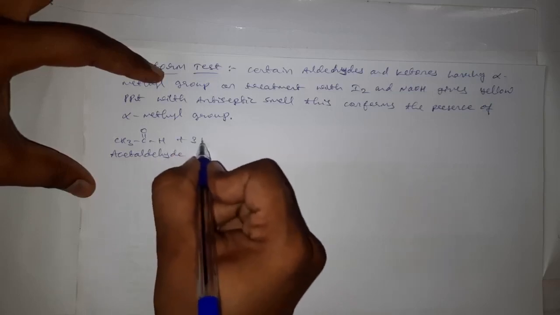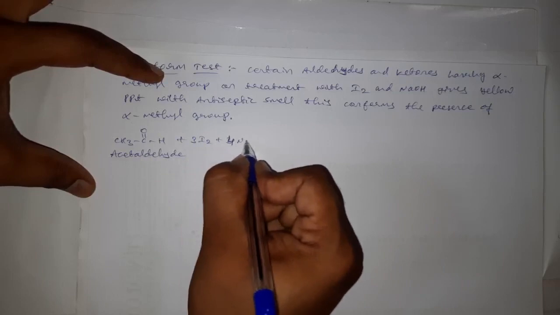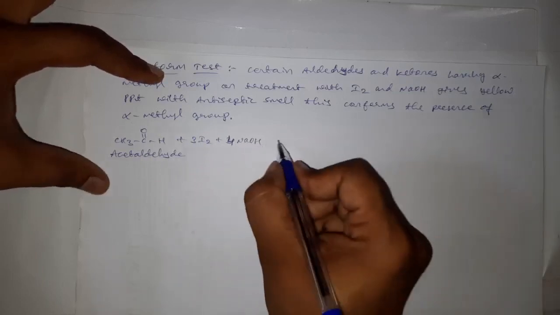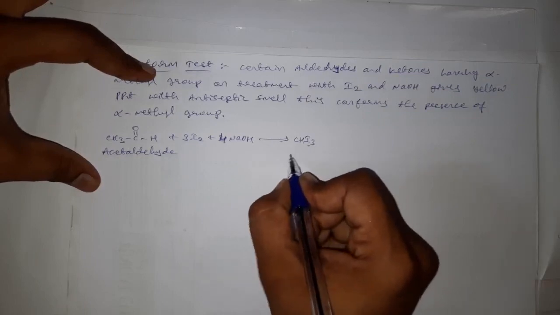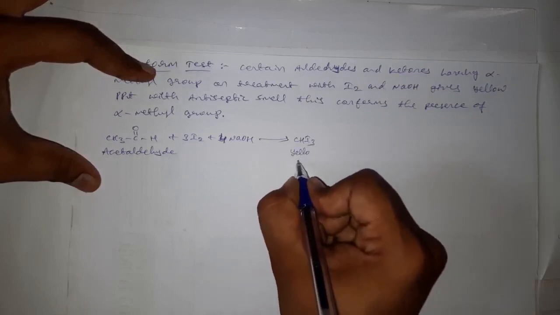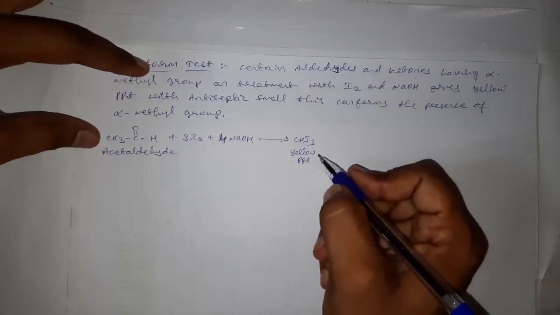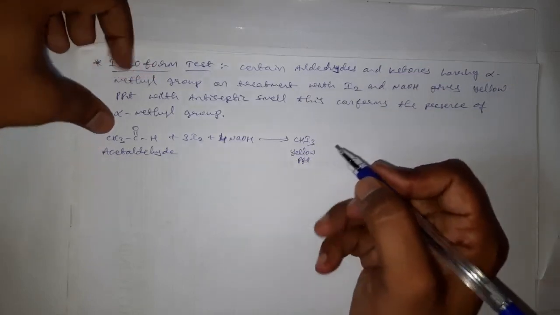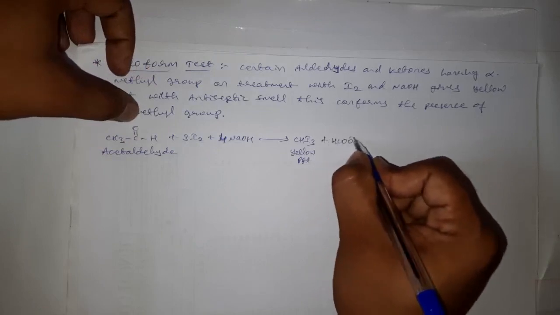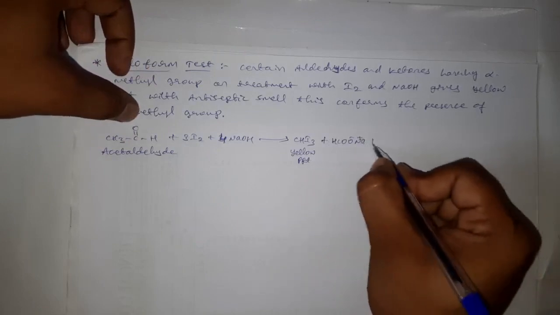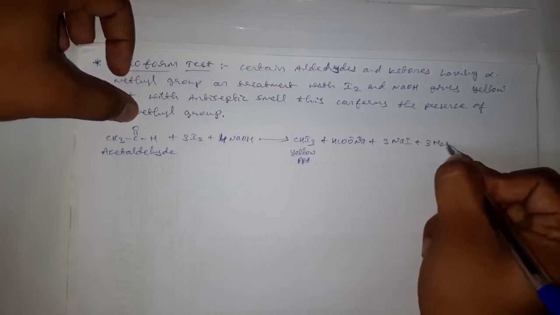When it is treated with 3 moles of I2 and 4 moles of sodium hydroxide, we will get CHI3, a yellow precipitate, and the rest of the part is converted into the sodium salt of the carboxylic acid, plus 3 moles of sodium iodide and 3 moles of water.